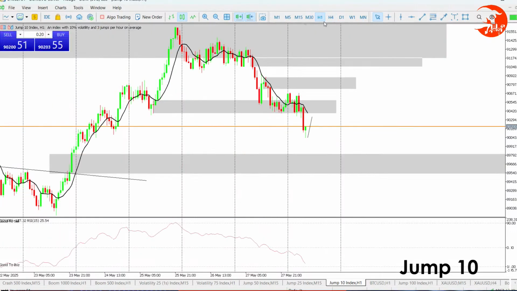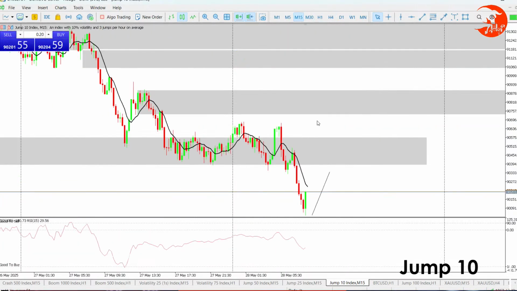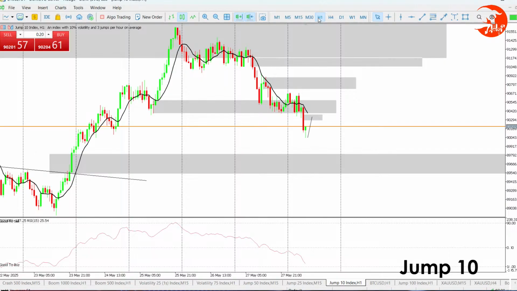So go back to H1, M15, look for price to come here and then get into sales. Here or to this order block up here. So what is this that I have here? Delete it, it's not necessary anymore.